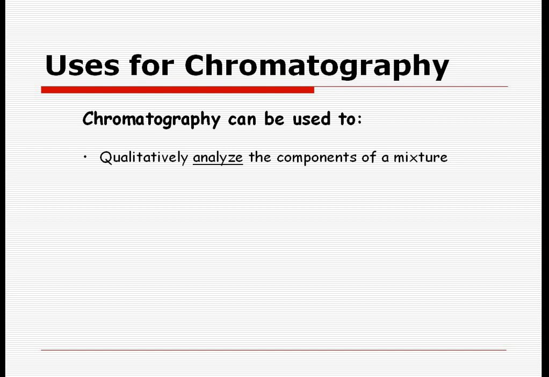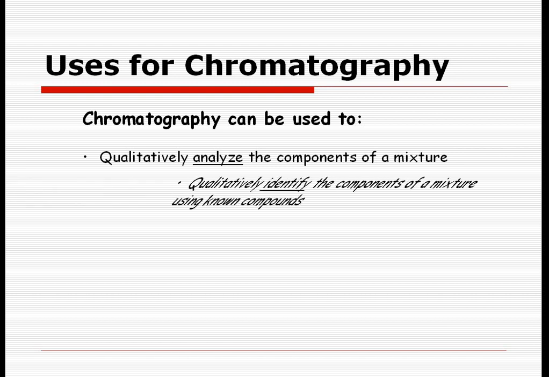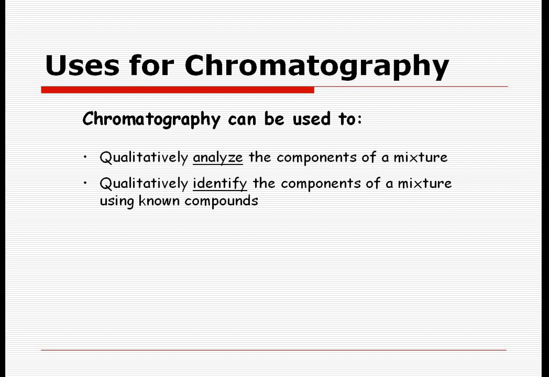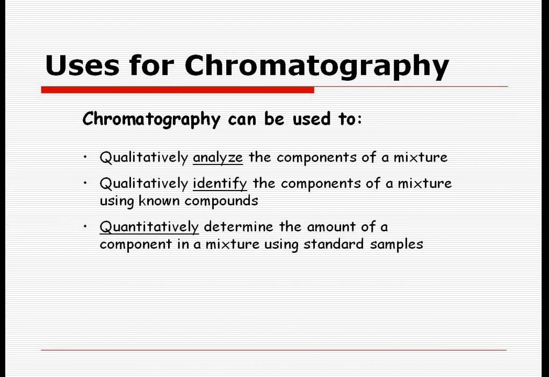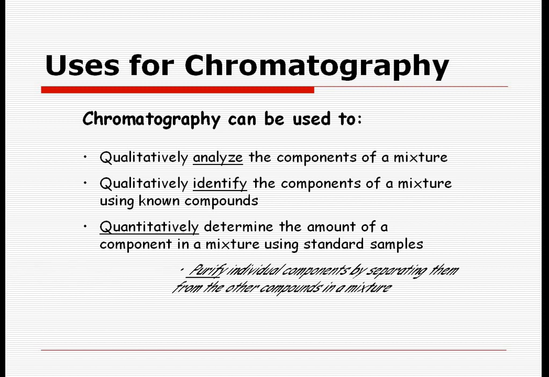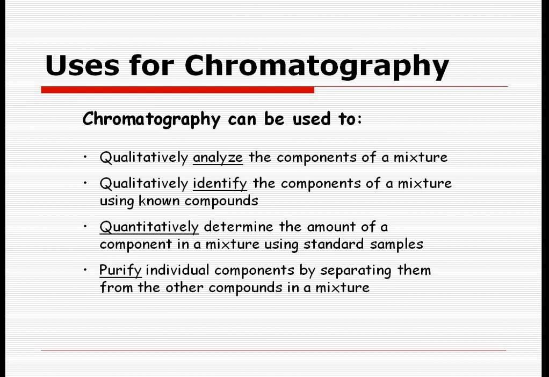We separate them out by chromatography, and qualitatively identify the components of a mixture using known compounds. And quantitatively determine the amount of a component in a mixture using a standard sample, and purify individual components by separating them from the other compounds in a mixture.